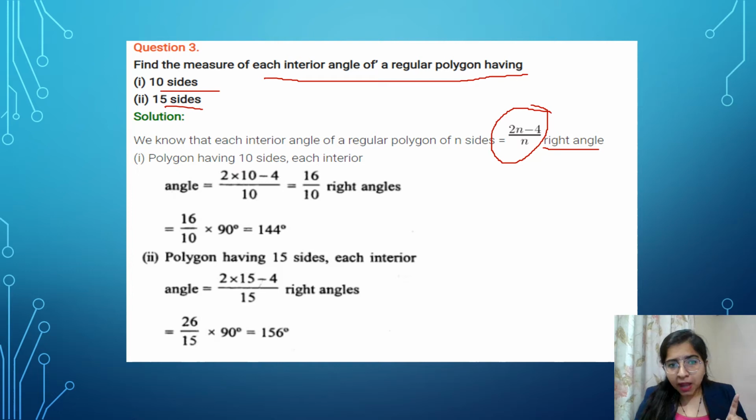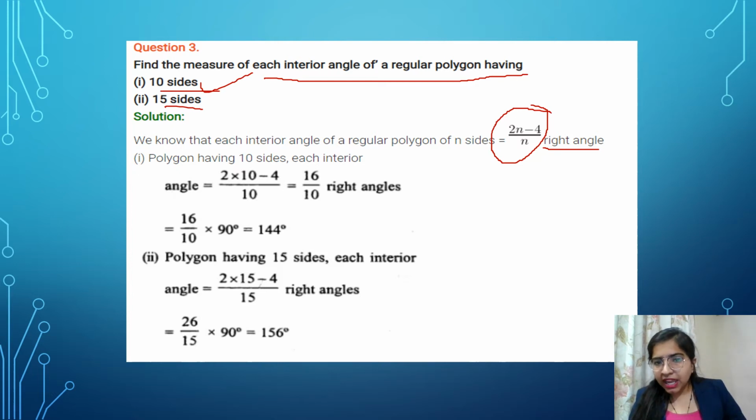So in the first part, what he is asking, 10 sides. First part is 10 sides. So what you will do, at the place of n, you have to put the value n equals 10. The same thing is done in this solution. 2 into n, n means 2 into 10, minus 4, divided by n, n means 10.